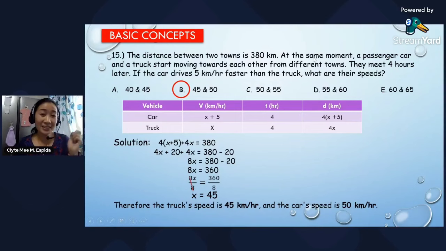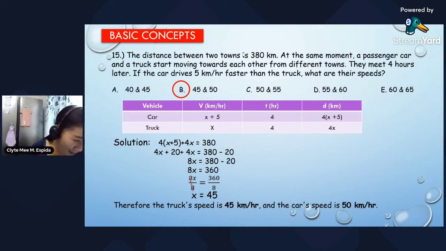Pag hindi 380, ibig sabihin, mali. Let's try letter B. 45 times 4 is 180. 50 times 4 is 200. So, 180 plus 200 is equal to 380 kilometers. Okay, ito ang ginawa ko. So, I hope you got the correct answer.